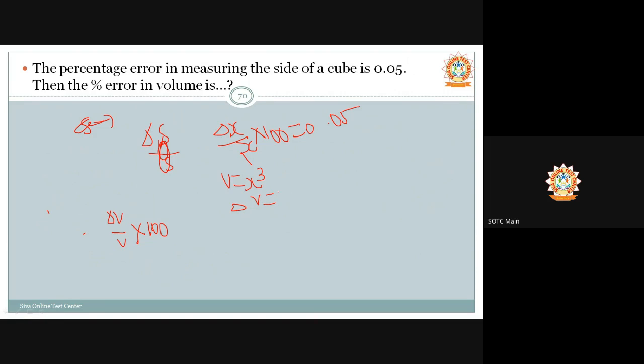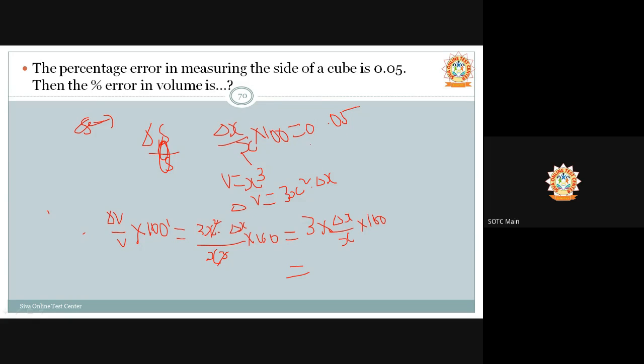Del v will become 3x square into del x, right? So now del v by v into 100 is 3x square into del x divided by volume, which is x cube, into 100. So x square cancels. Now 3 into del x divided by x into 100. What is del x by x into 100?